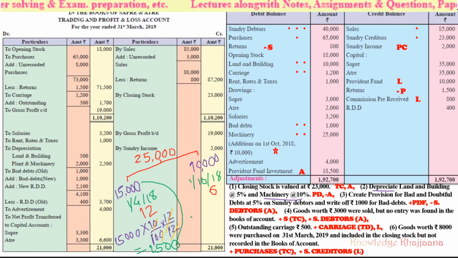Then how to calculate the depreciation for the machinery purchased on 1st October? This is with us for the last 6 months only.